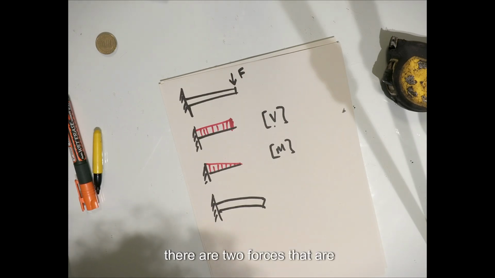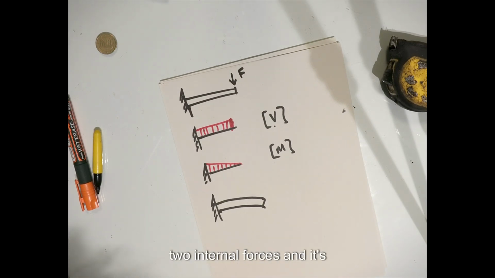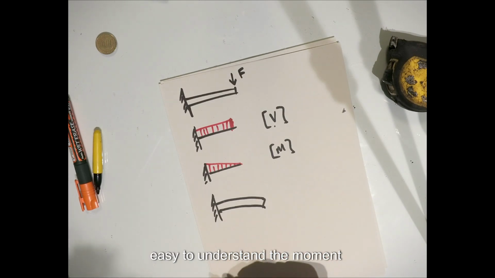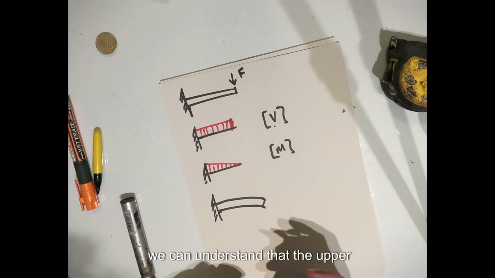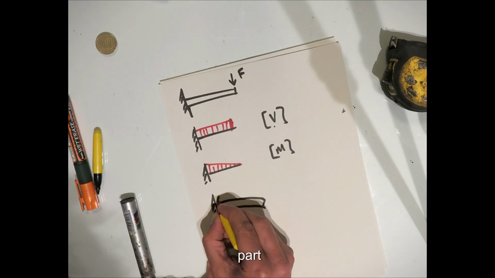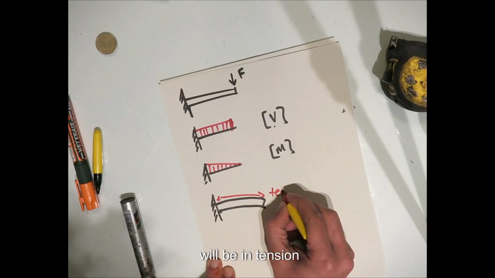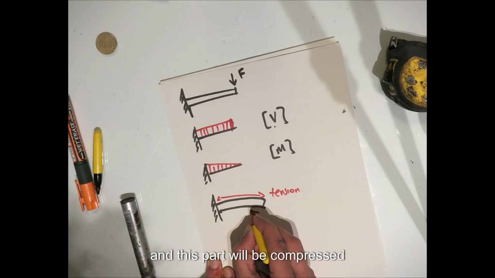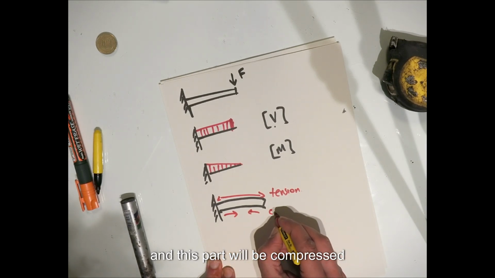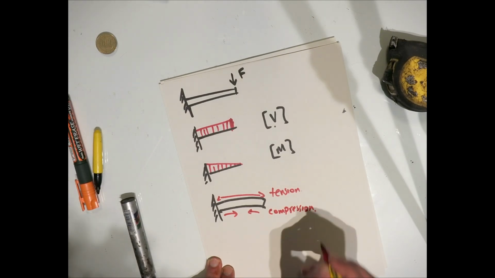Now, there are two internal forces applied here, and it's easy to understand the moment, because when we look at this shape we can understand that the upper part, this one, will be in tension and this part will be compressed.